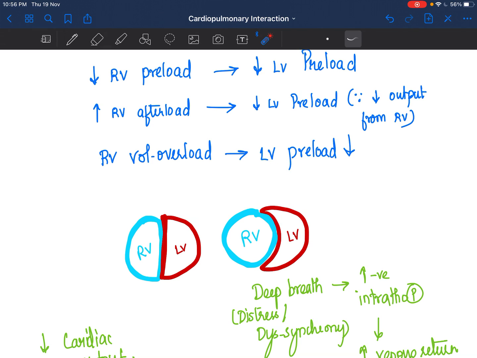So, all are interconnected. Left ventricular afterload reduction is good, because the left ventricle will be able to pump better. But if right ventricular afterload increases too much, then the output reduces, then left ventricular output also reduces ultimately, right? Because what is coming in itself is less.